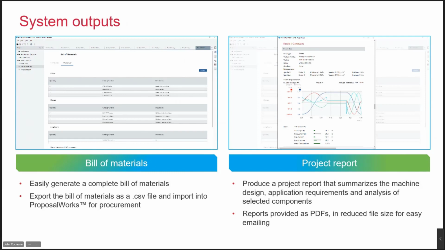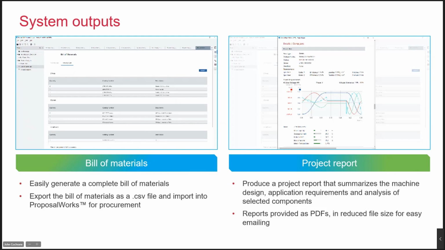The system outputs, this is once you've selected your solution, you can create a bill of material that will give you a complete bill of material for the motor and the drive for each axis. Like I said, you can export that to a CSV file, import it in ProposalWorks, or through the online tool if you want to complete the cabling and the motor and drive options, you can do that as well.